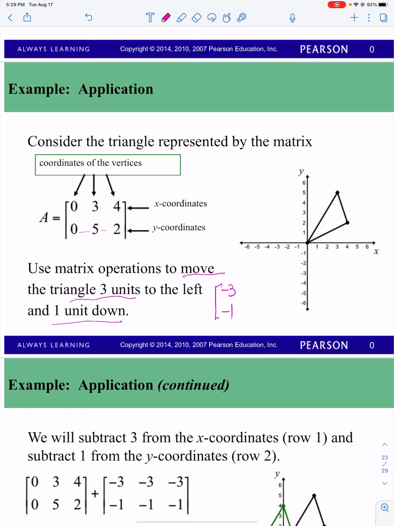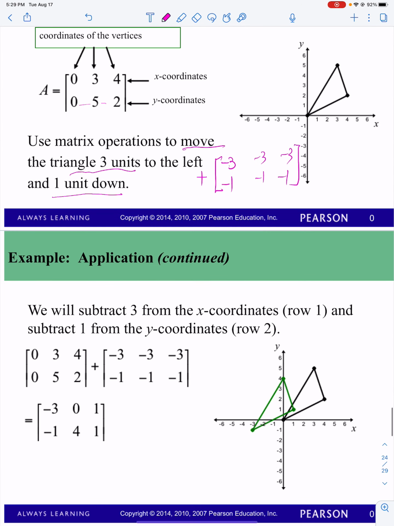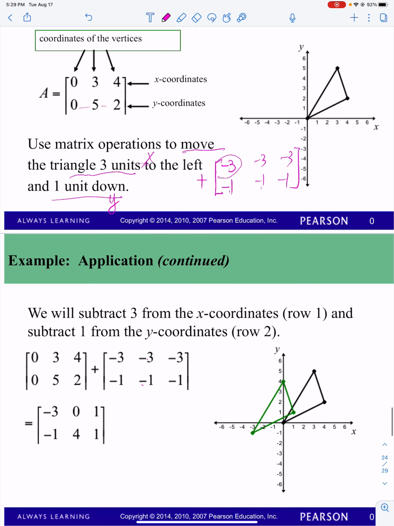We add minus 3, minus 1, minus 3, minus 1 for all 3 coordinates. Because the top row is the x coordinate, to the left means x, and down means y. So this is minus 3, minus 1, for 3 of them.